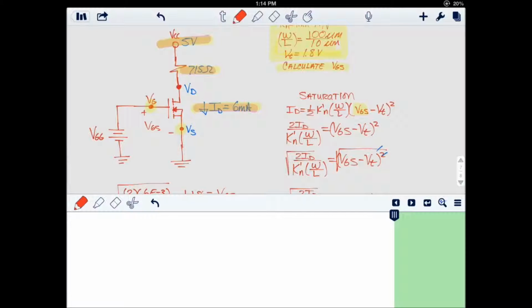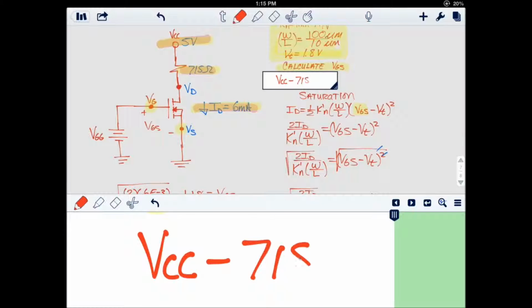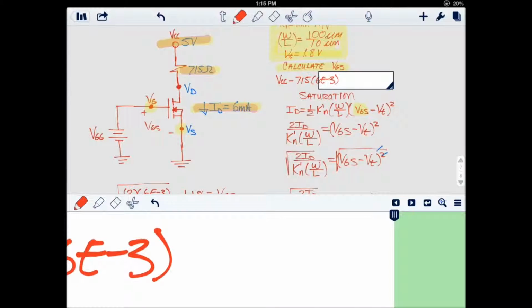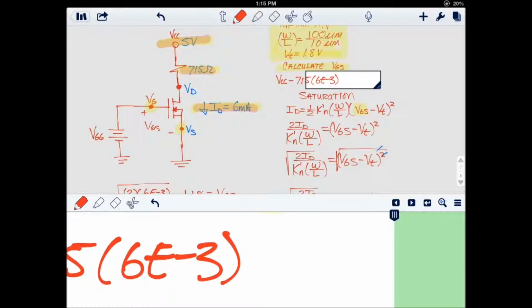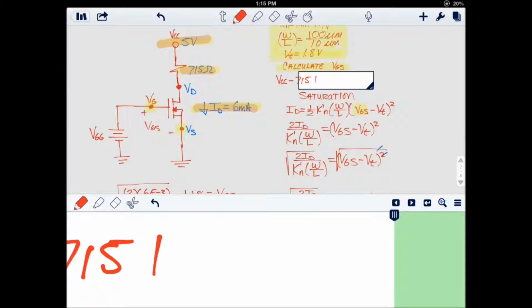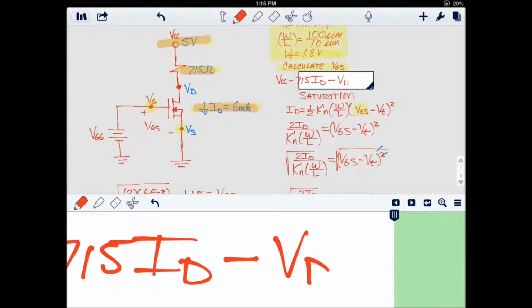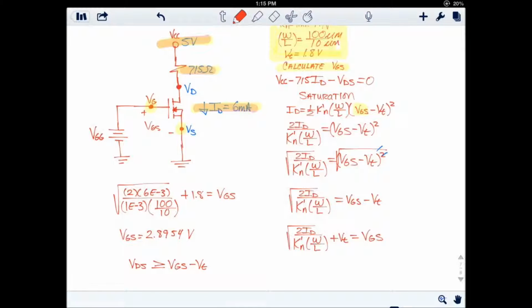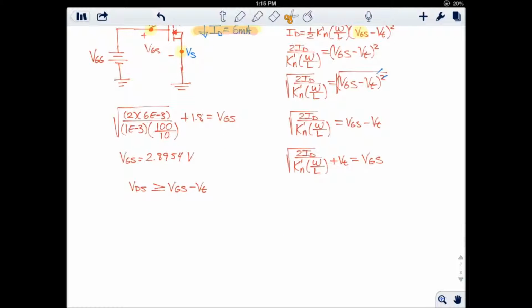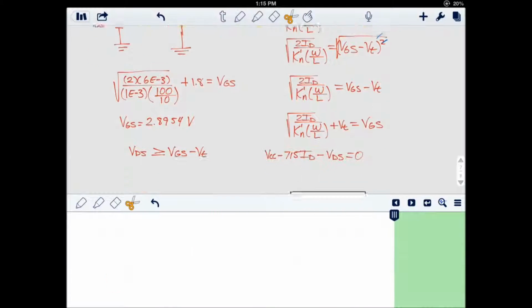We could do a KVL right here, that says that VCC minus the resistor times the current, minus VDS equals 0. And we just solve for VDS.